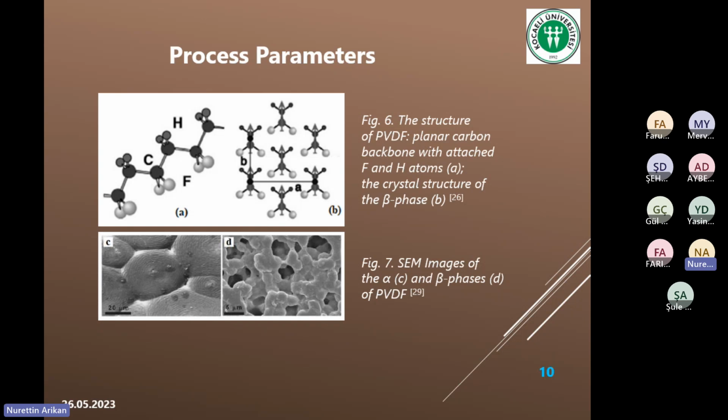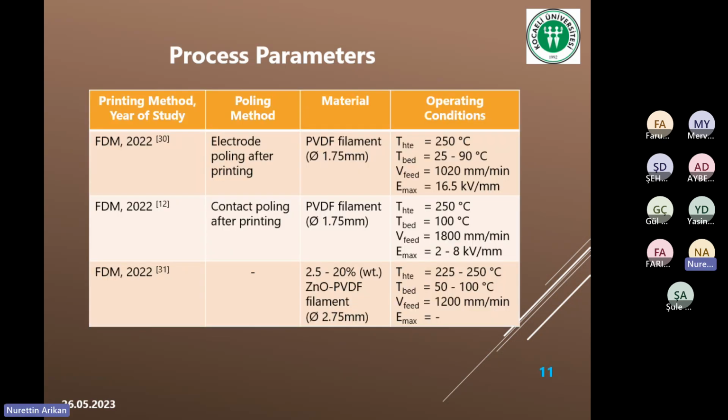But as soon as it was shown that by mechanical stretching it's possible to increase the beta phase in the microstructure, researchers tended to utilize FDM since it's much more affordable and easier to process methods, I would like to add. And here is the table I would like to show. And as you might see, it's a very recent topic.